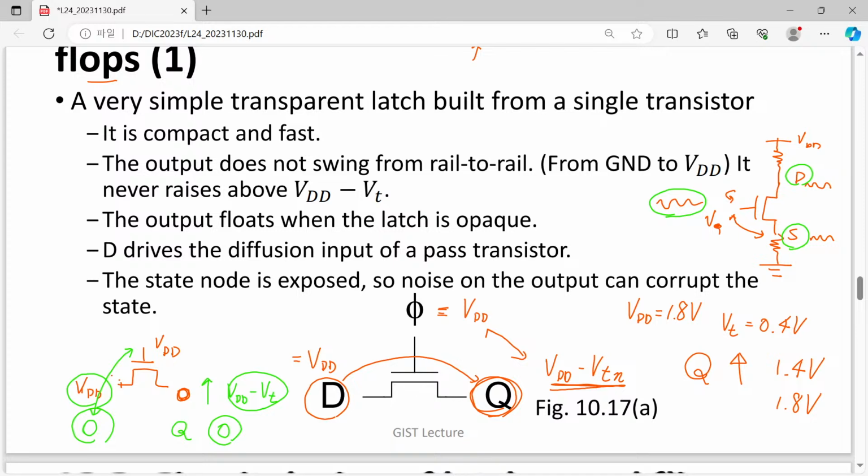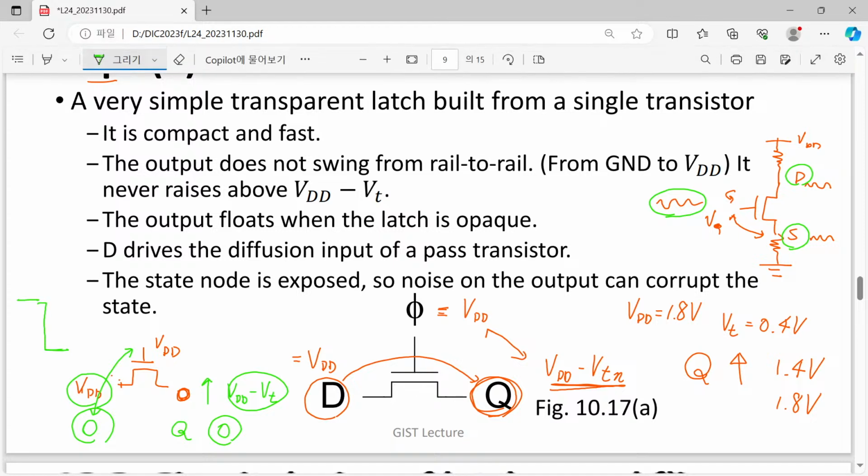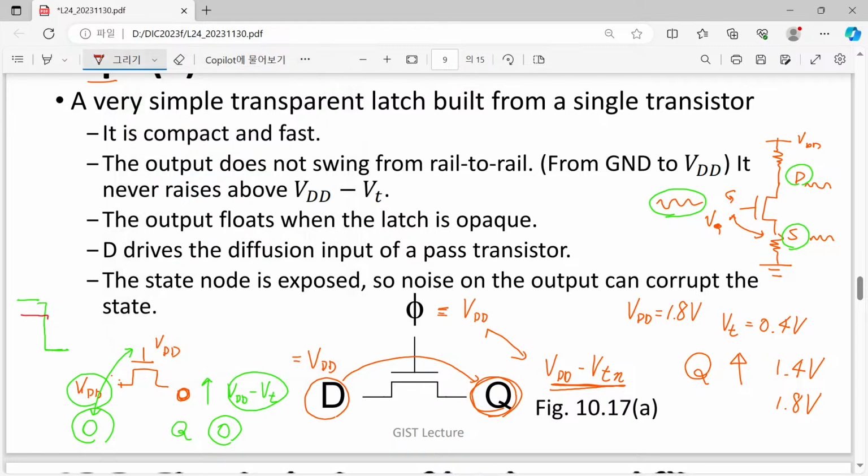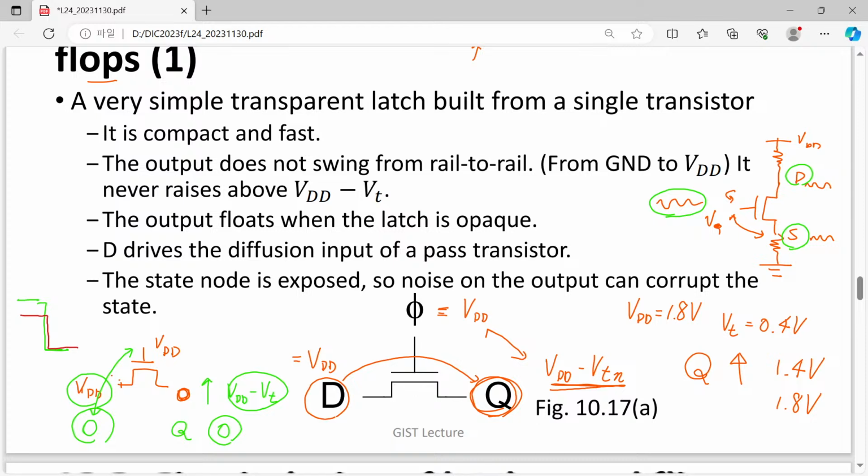So although we have 0 and 1, 1 and 0 in our input, the output will be just a little degraded in this way. This is shown here. It fails to generate a signal from rail to rail.